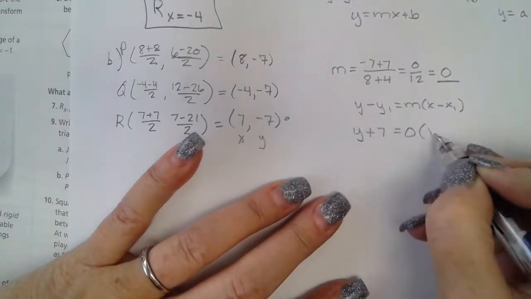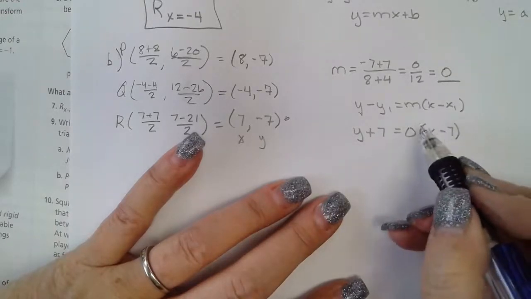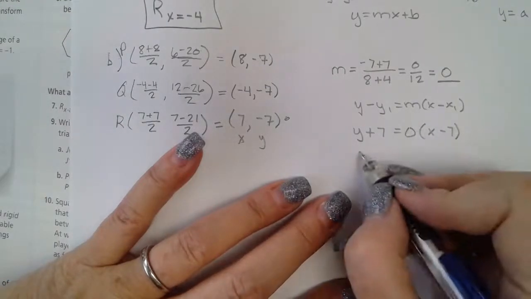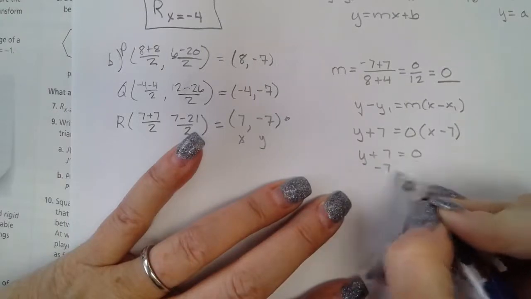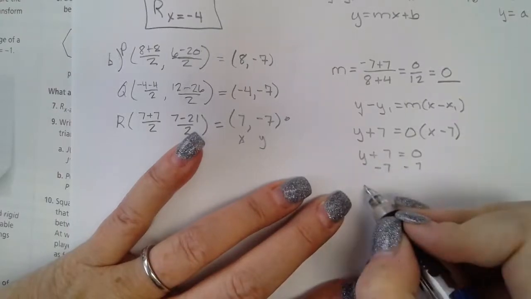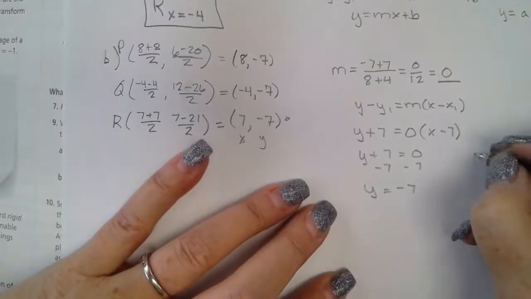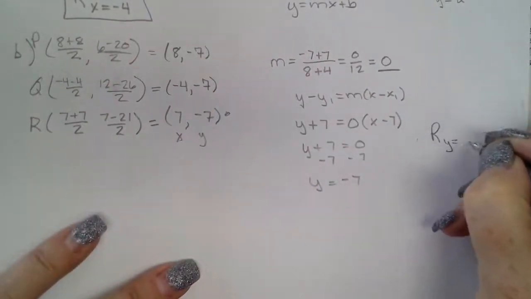Well, on the right-hand side, what's the whole thing equal? 0. So y plus 7 equals 0. Subtract 7. So y equals negative 7. So we have our rule: reflect over y equals negative 7.